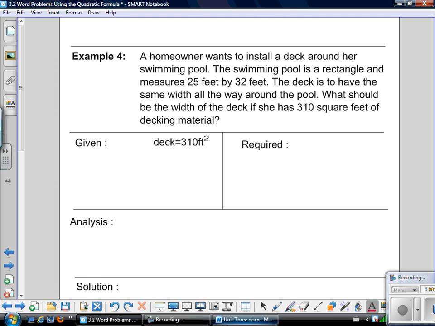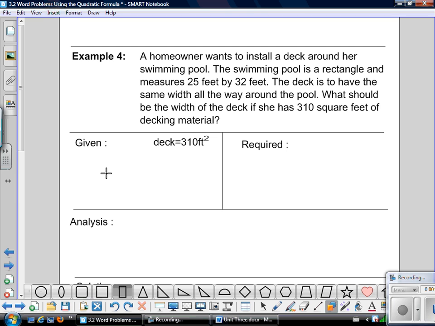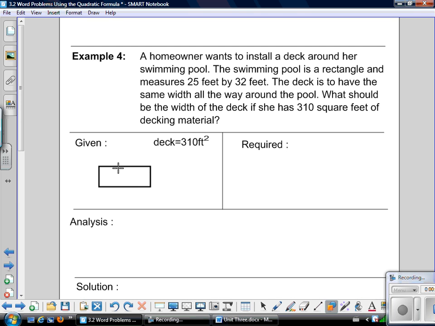We also know that we have a rectangular swimming pool, and I'll just bring up my shape. Here's my swimming pool, and I have a deck that goes around it. And it's supposed to be the same distance all the way around. So that right now isn't, so I will move it a tiny bit. So that looks pretty good.